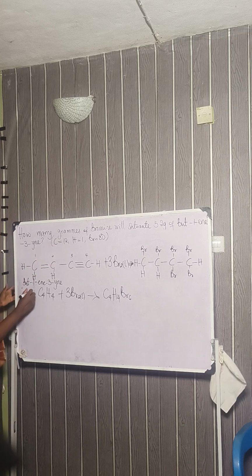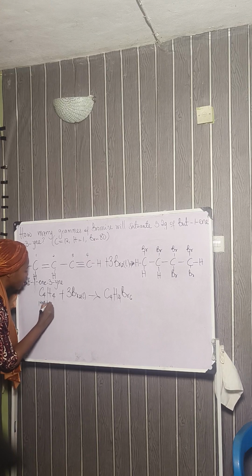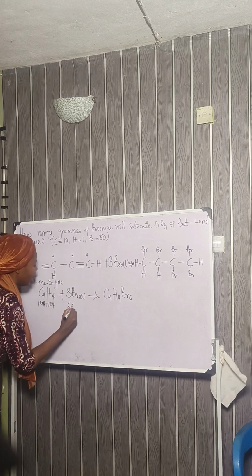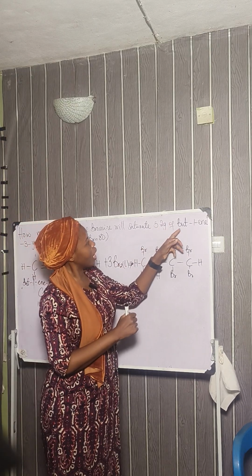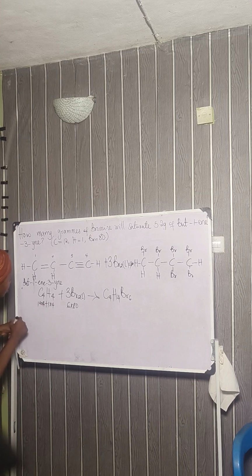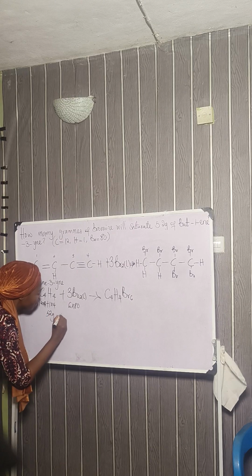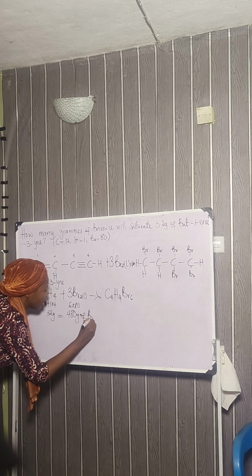So let's go to this question now. We are given that C is 12, H is 1, Br is 80. So C is 12 times 4, plus 1 times 4, to give me 6 times 80. So we are saying this gives me this, and you are told you have 5.2 gram of this. From what we have just done, this is 48 plus 4, which will be 52 gram, will give me 480 gram of this.